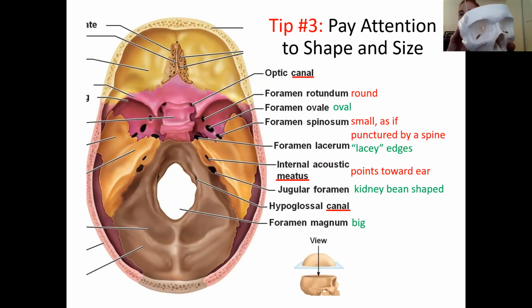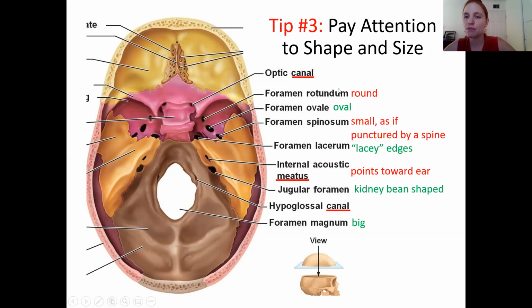Two of them are long slits. Those are called fissures. Anytime you have a long slit like that, those are fissures. But then you also have a really, really round hole deep in there. That really round hole is going to be the optic canal.